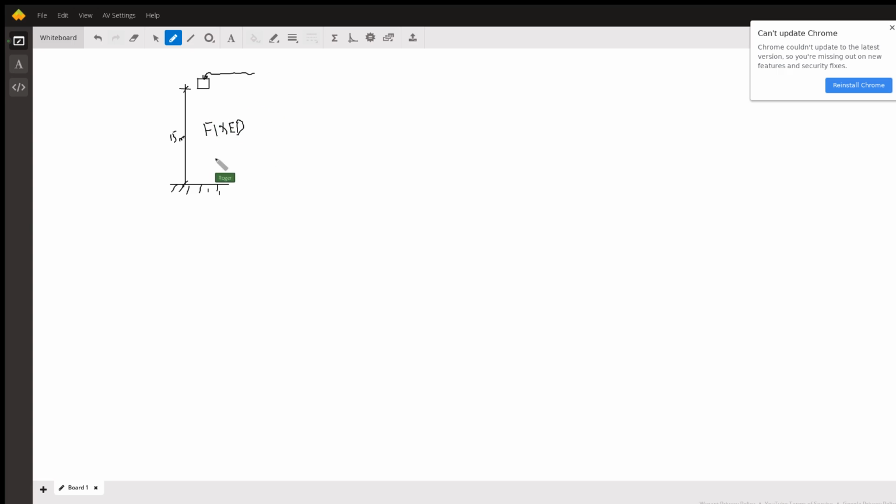You have a bucket that is being lifted off the ground a distance of 15 meter, and you're asked to find... That's a bucket here. And that bucket is full of sand. When it's up there, it weighs 20 kilogram.